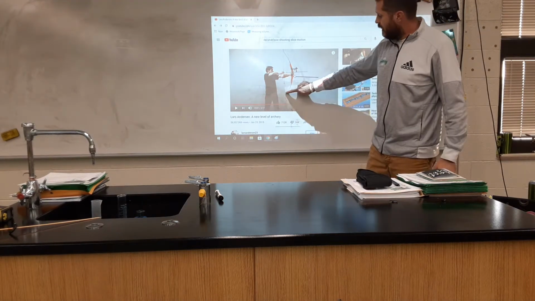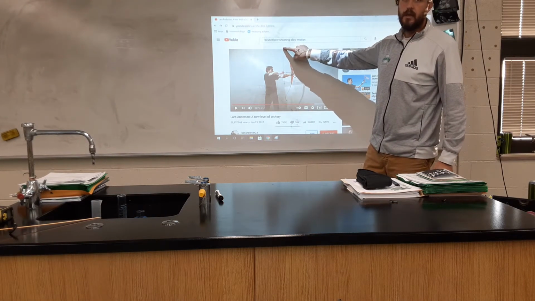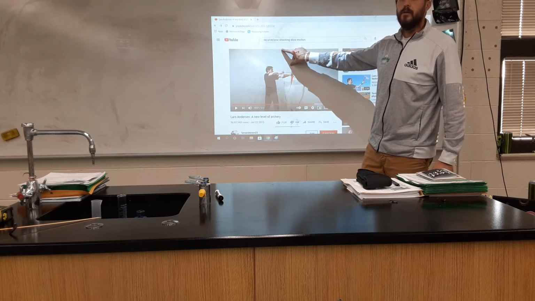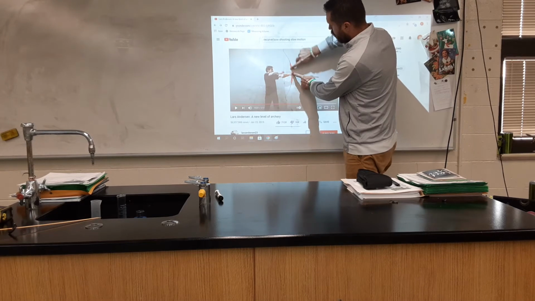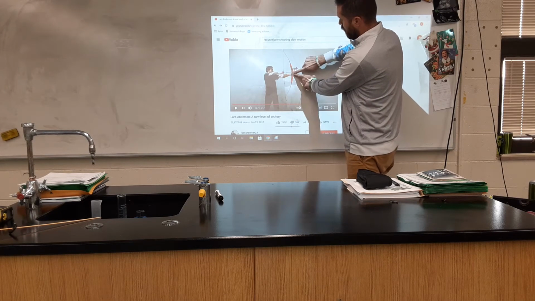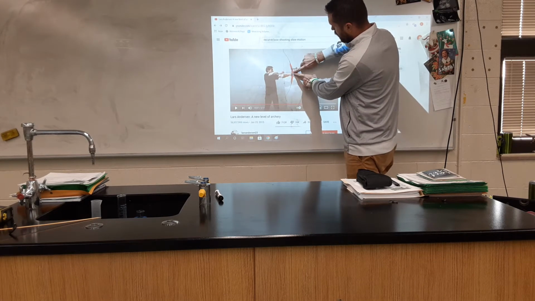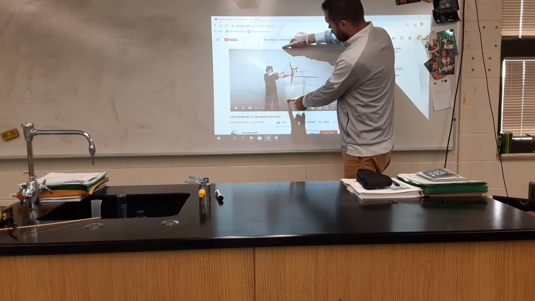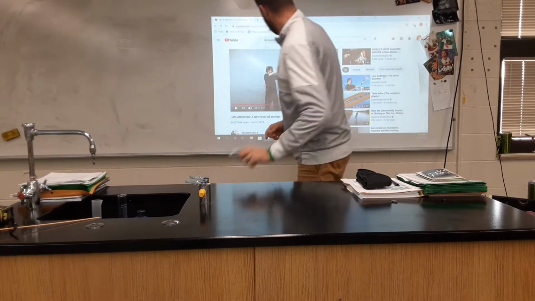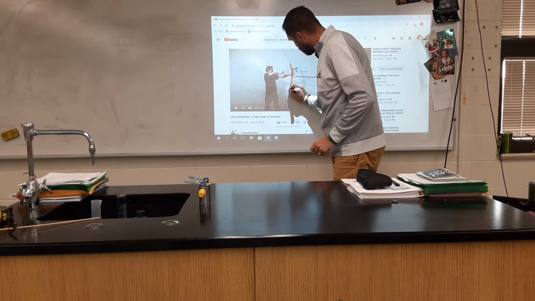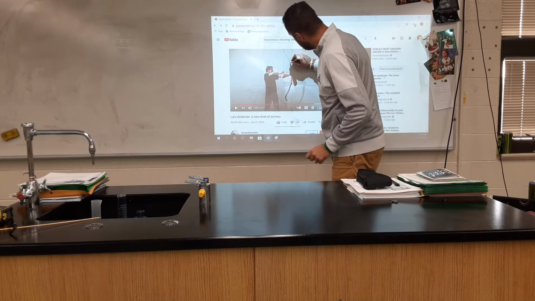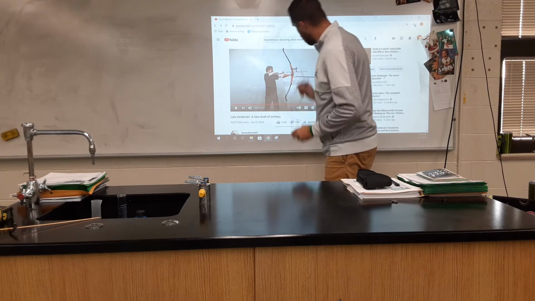Most people think the string is what stretches. The string doesn't stretch. What stretches is the bow. This is a recurve bow, not a compound bow.